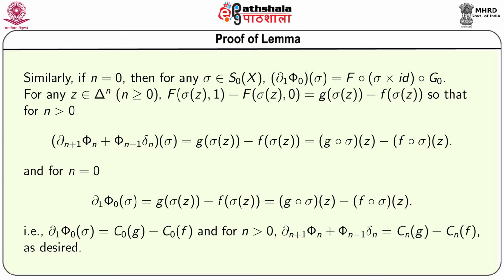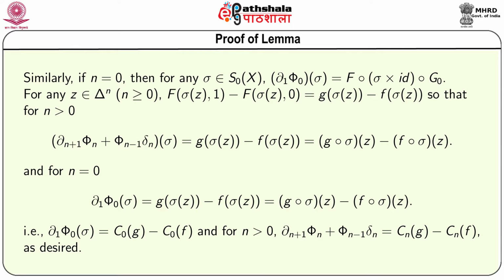So, for any z belonging to delta n, where n is greater than equal to 0, we then have f of sigma z 1 minus f of sigma z 0 is equal to g of sigma z minus f of sigma z, so that for n greater than 0, del n plus 1 phi n plus phi n minus 1 delta n operating on sigma will be ultimately equal to g composed sigma of z minus f composed sigma of z.